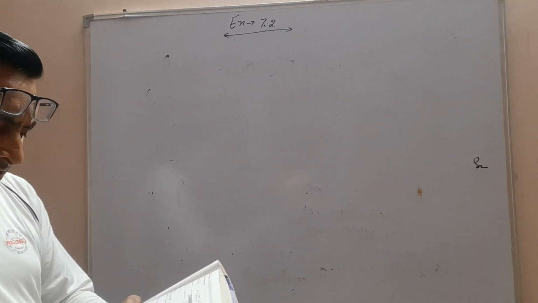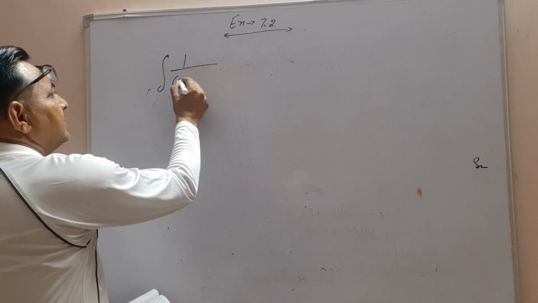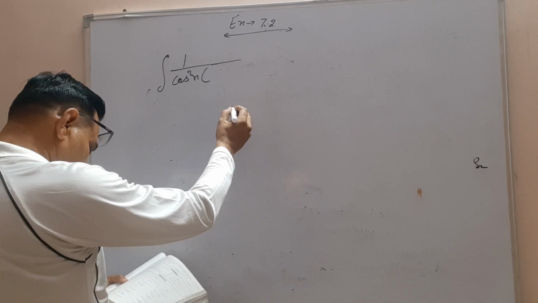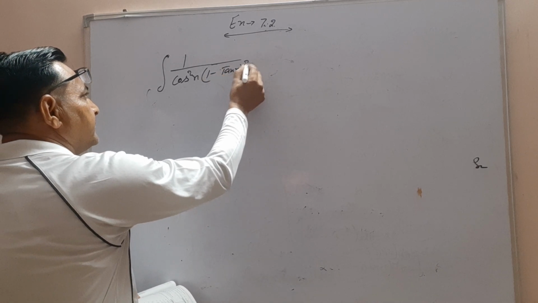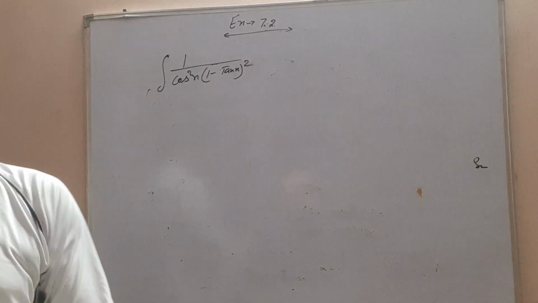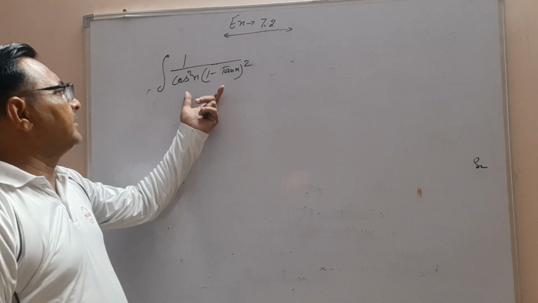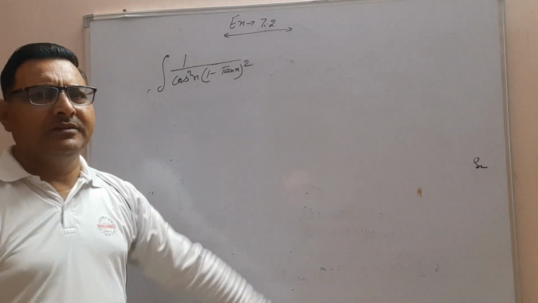Now another question is 1 upon cos square x into 1 minus 10x whole square. Now there is cos square x, and there is 1 minus 10x whole square.